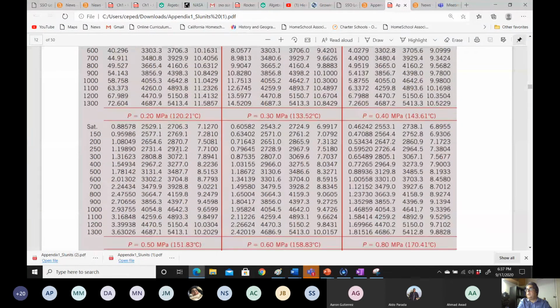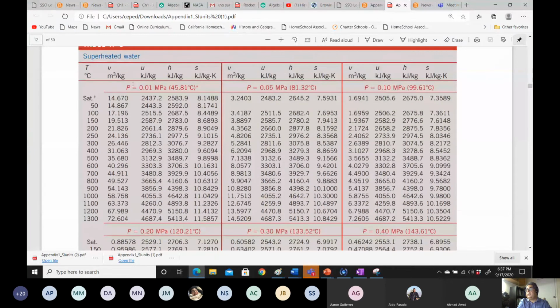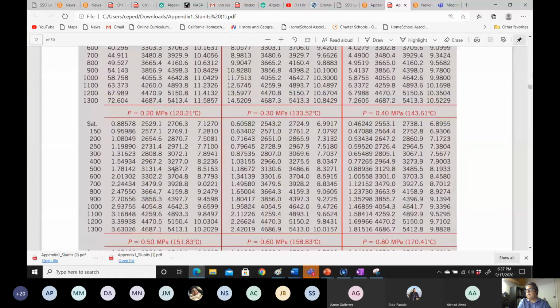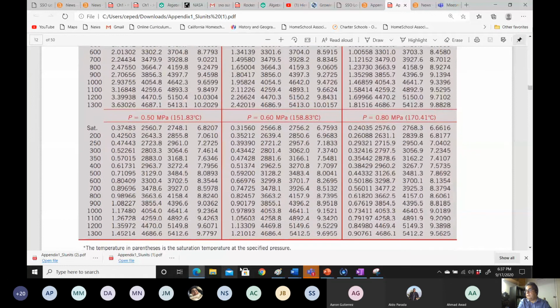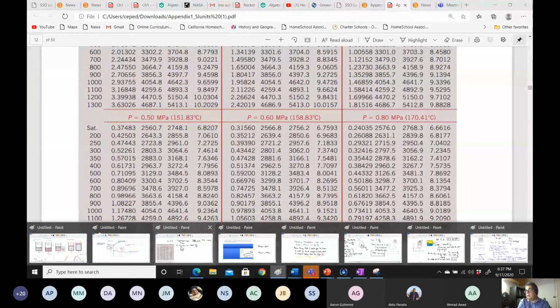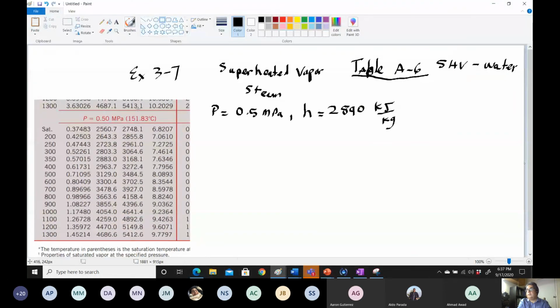Which column is h? It is the fourth from the left. It's this one here. We're given 2890, so 2890 would be somewhere right here, right?